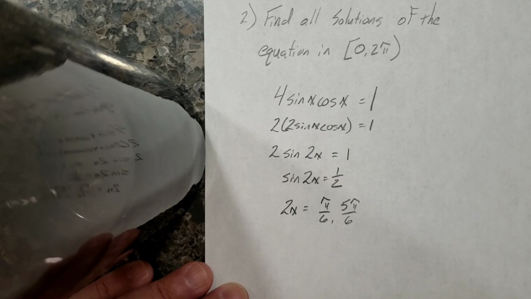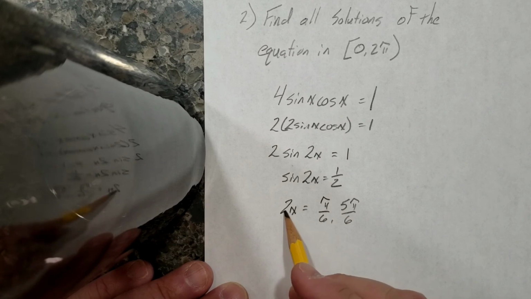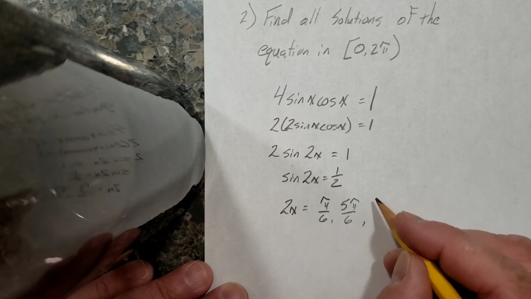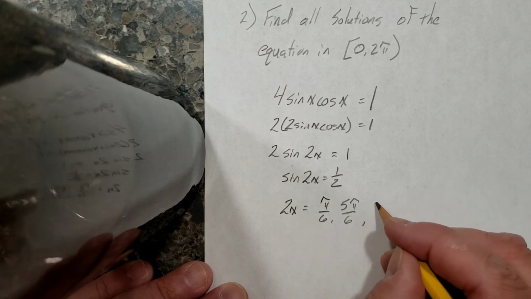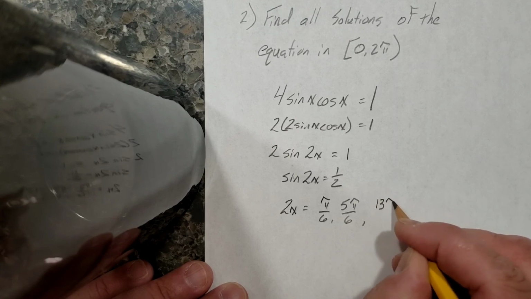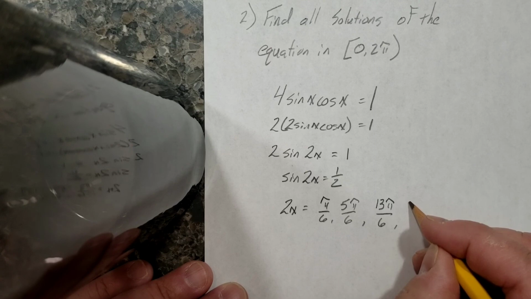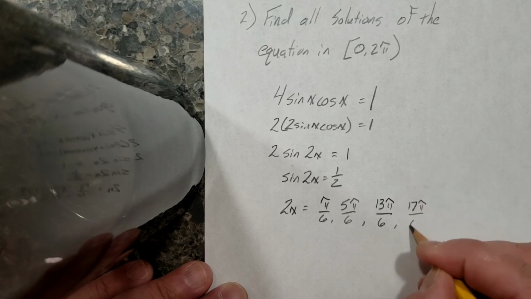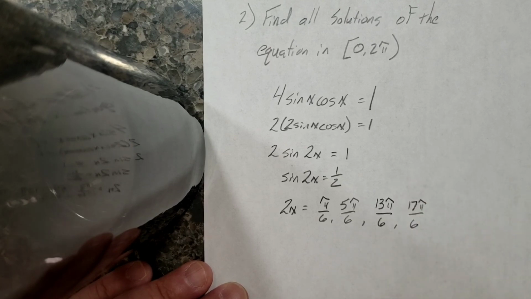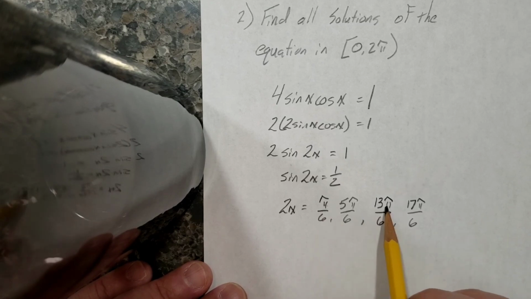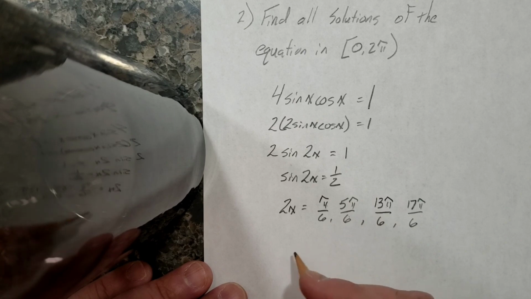Okay? We normally have those two answers, but because we're going to be dividing by 2, we're going to take another 2 pi around the unit circle, a rotation, as I call it, so that we end up with 2 rotations. Pi over 6 and 13 pi over 6 are the same. 5 pi over 6 and 17 pi over 6 are the same.